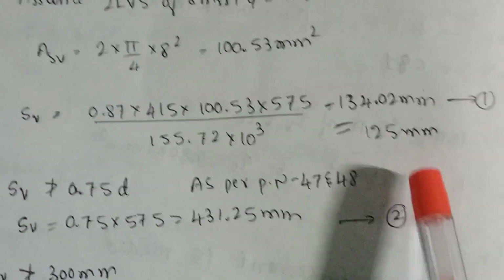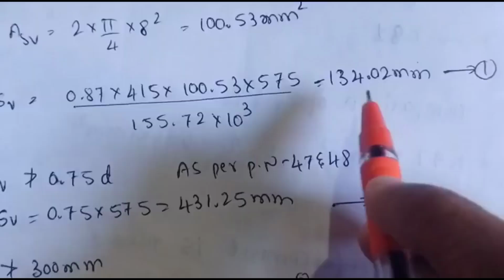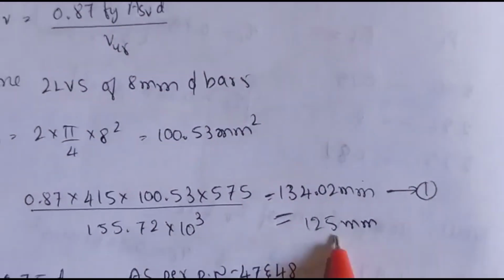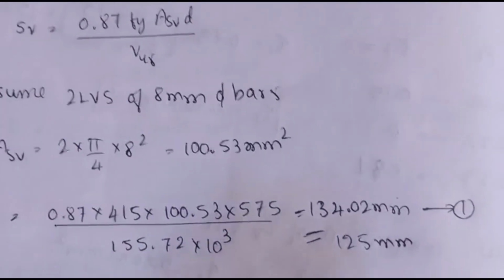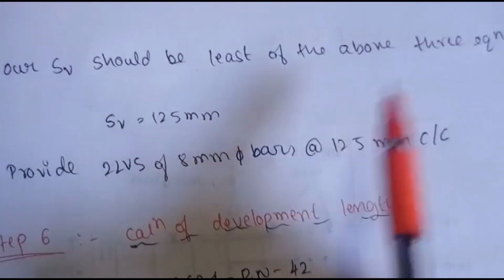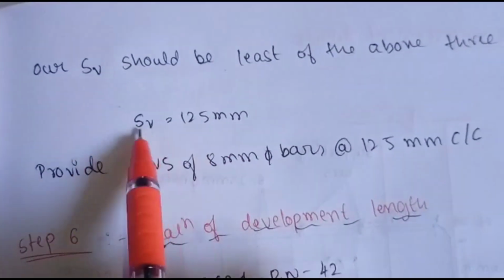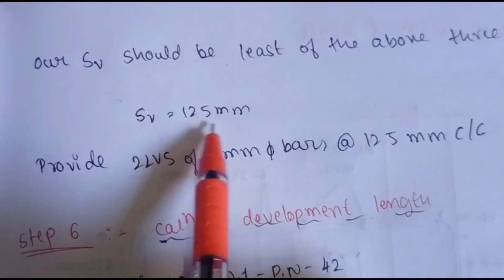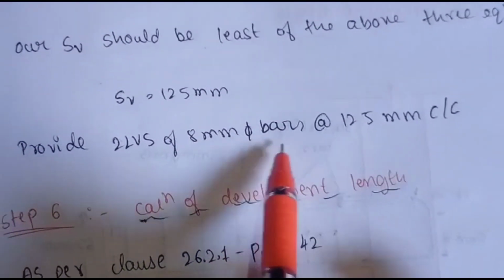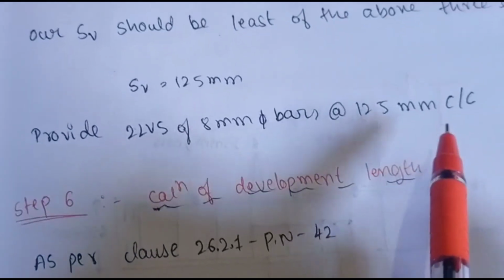I am taking our Sv value as 125 mm. So our Sv value should be the least of the above three equations. So 125 mm is the least. So provide two-legged vertical stirrups of 8 mm diameter bars at 125 mm center to center distance.